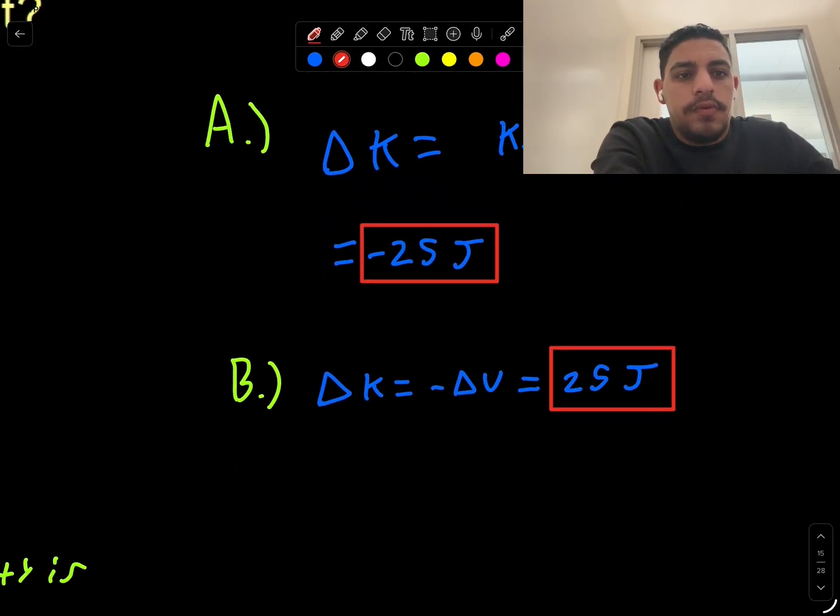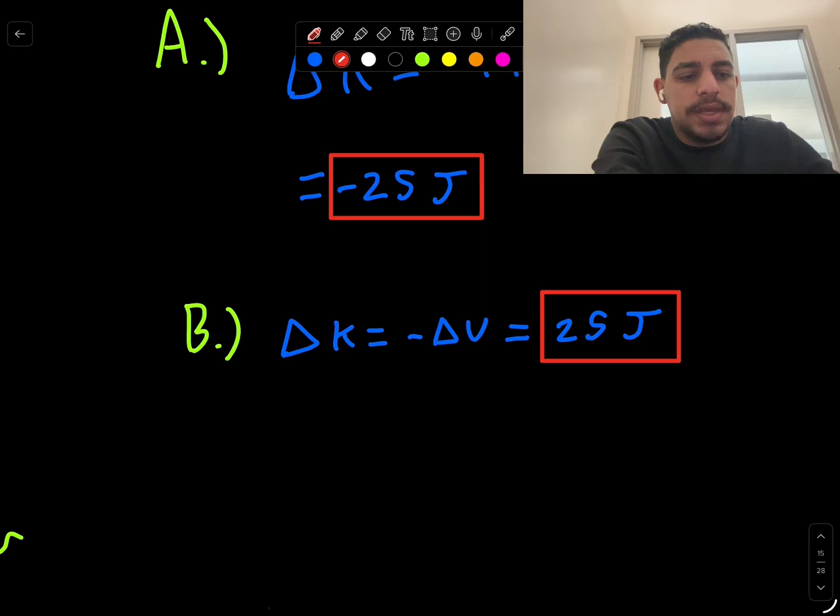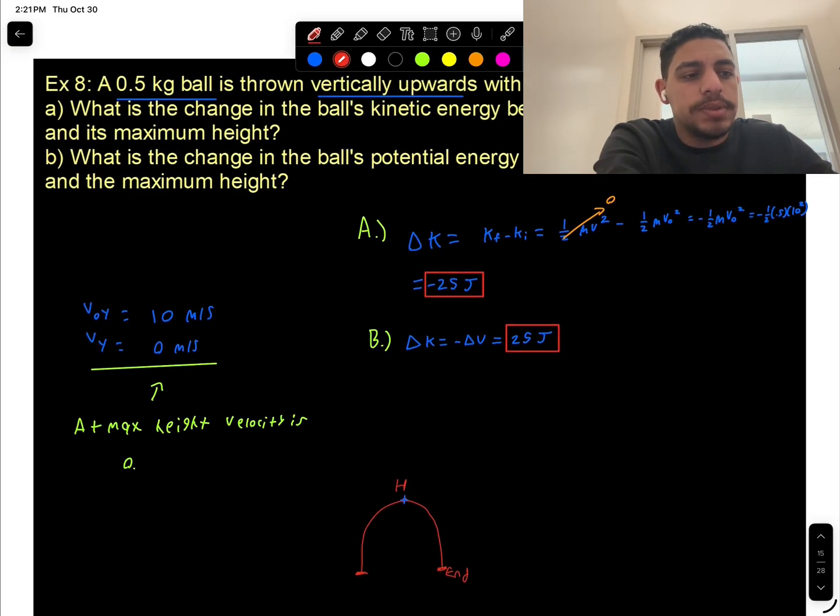And now we need to understand, what does the potential energy look like then, if that's the case? And so what you get is delta K is equal to negative delta potential energy. And so you get positive 25 joules.